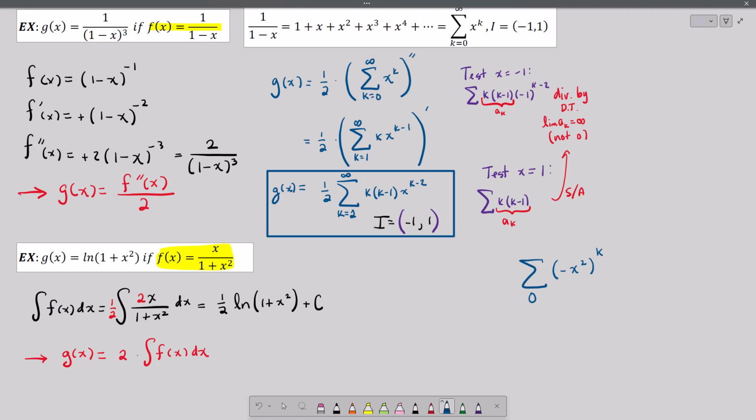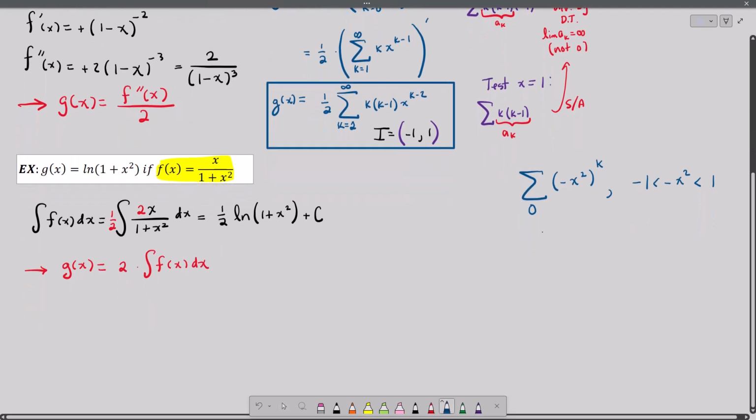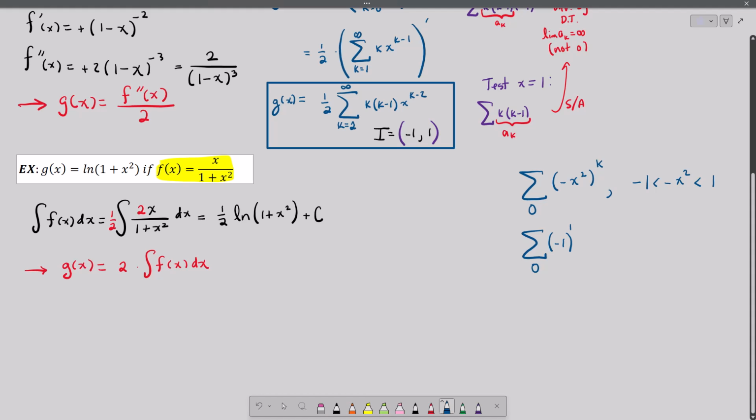So if we look at that interval of convergence, it's negative 1 is less than x is less than 1. So we also replace this with negative x squared and see if it changes. So that'll be our interval of convergence there. So let's simplify this. When we simplify this, we end up with negative 1 to the k, and then we end up with x to the 2k.